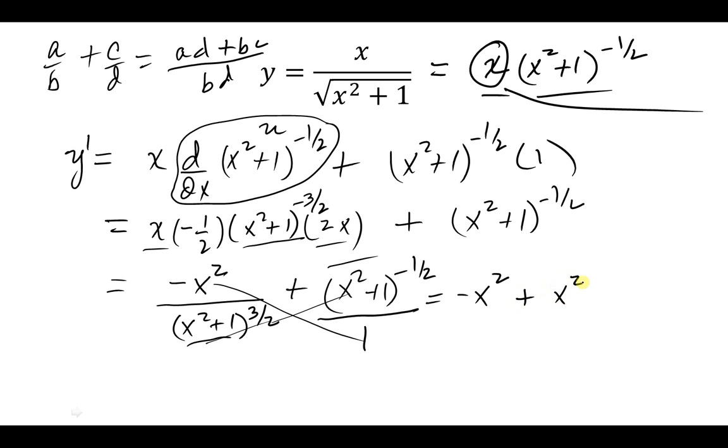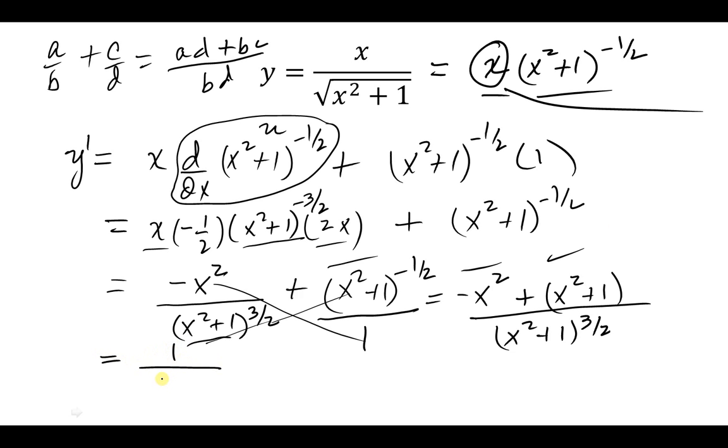That's just going to be x squared plus 1 to the 1 power, and the denominator is going to be x squared plus 1 to the 3/2 power. And notice minus x squared plus x squared cancels out the x squares, and we get the answer to be 1 over x squared plus 1 to the 3/2 power is the derivative.